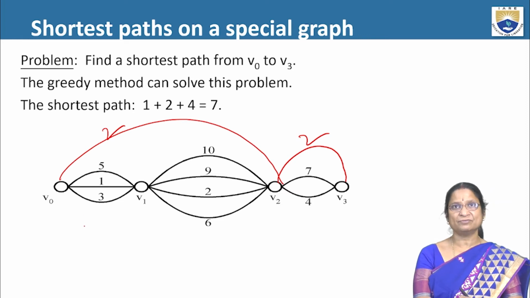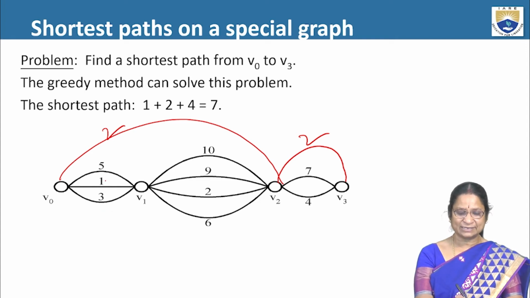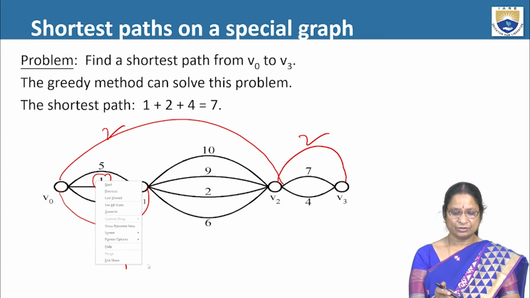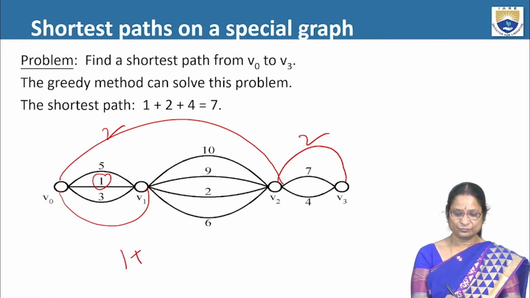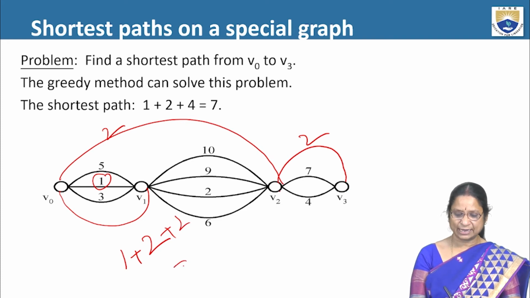When we are starting from V0, edges are going to be 2, 5, 1, 3. Among them, 1 is the shortest one. So I'll consider 1, then we will reach V1, that is 1 plus. Now from V1, the shortest value will be 2, 2 is added. So V2 reached. From V2, the shortest path to V3 is 2, totally I'll get 5.